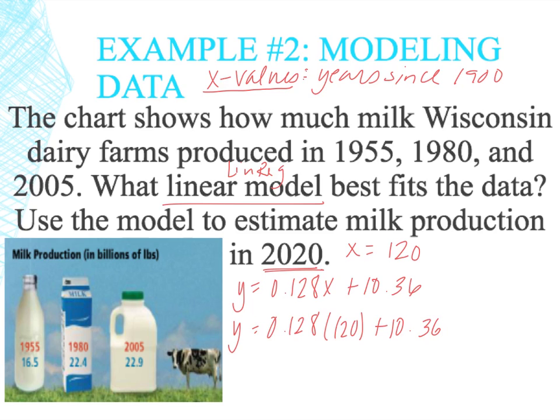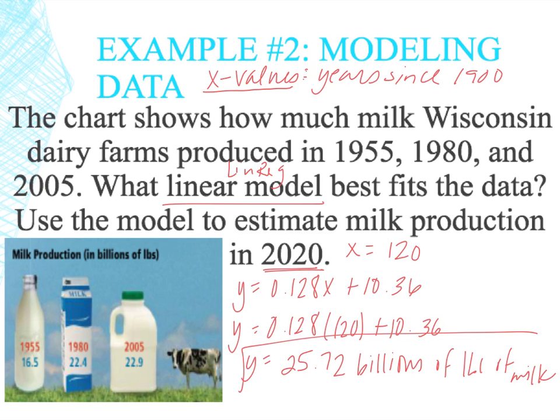Let's see, 0.128 times 120 plus 10.36 will give us a milk production of 25.72 billions of pounds of milk in 2020, is what I should have said. And we're done.